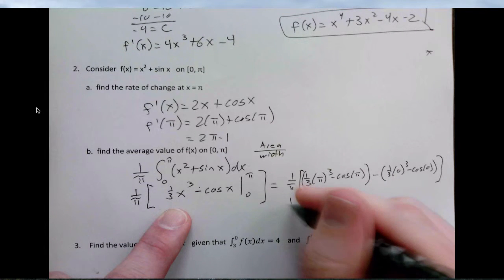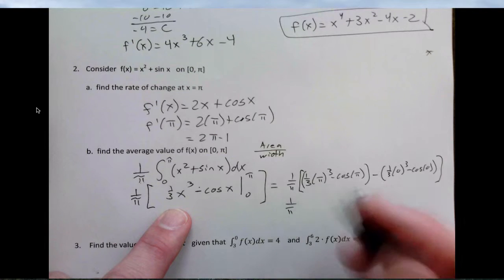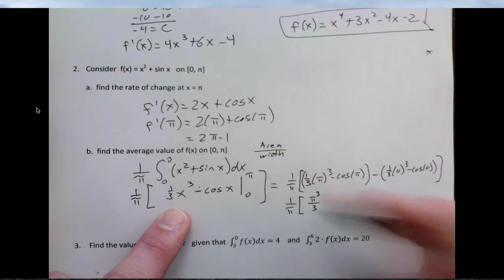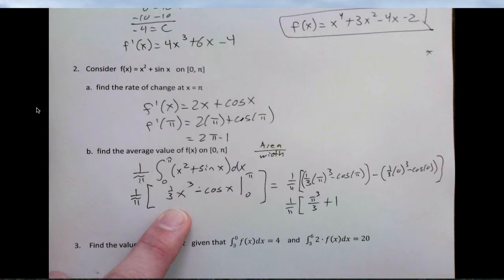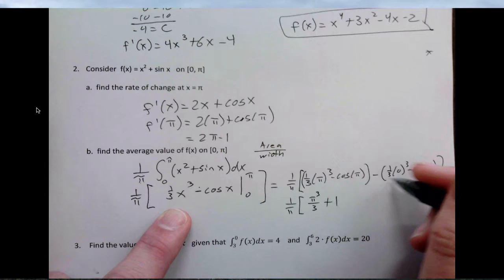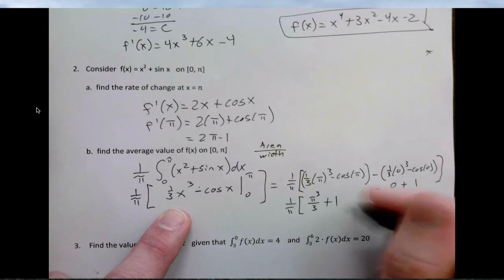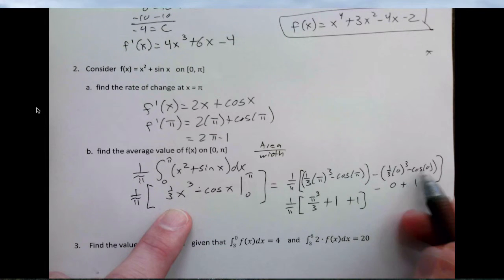All right, so I've got 1 over pi, which is still my divide by the width. So this is going to be pi cubed over 3. Cosine of pi is -1. That ends up being a +1. All right. In this case right here, we end up subtracting 0. In this case here, we're adding cosine of 0, which is 1. So again, we're subtracting what all this comes out to, and all of this comes out to 1.